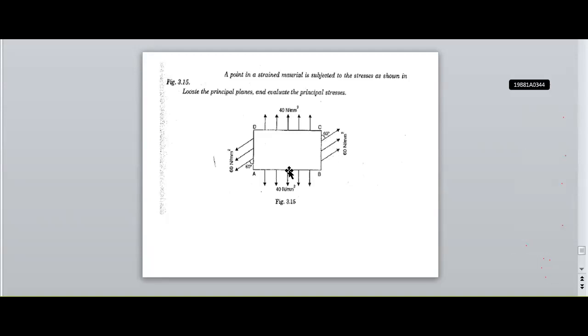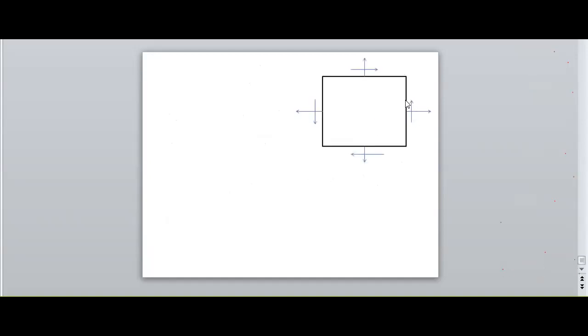So I need to resolve the inclined stress into the component parallel to that face and the component perpendicular to that face. How to resolve it?